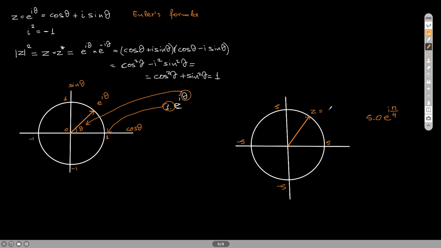So z equals 5e to the i pi over 4. As I said, the 5, what is in front of the e, determines the size, the magnitude of your complex number, and what you have here in the exponent is what determines the theta that your arrow forms with the axis.